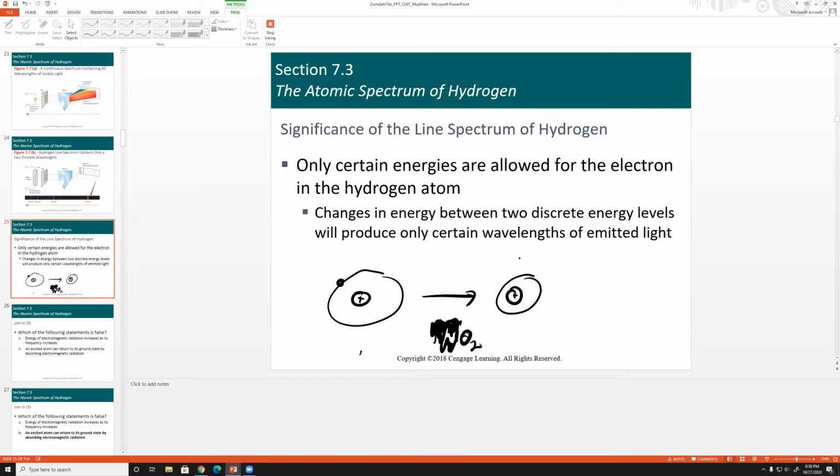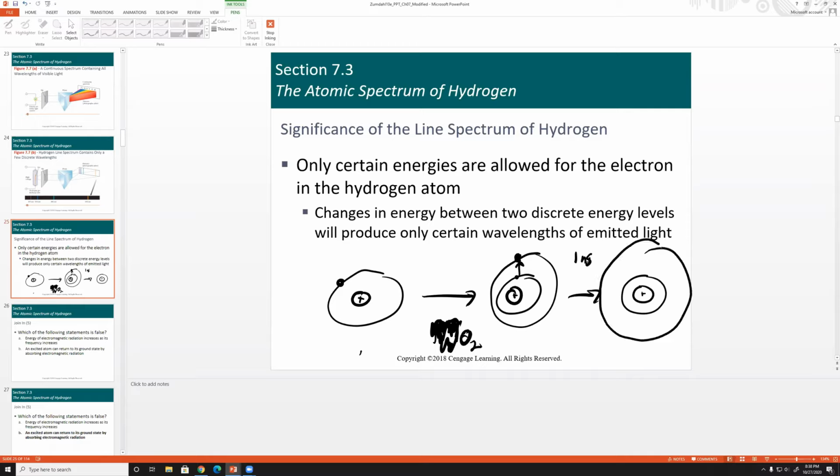That's what the electron originally was. This is energy level 2. So the electron jumps to energy level 2. And then we'll put 1 nanosecond goes by. Then that electron will come down again.